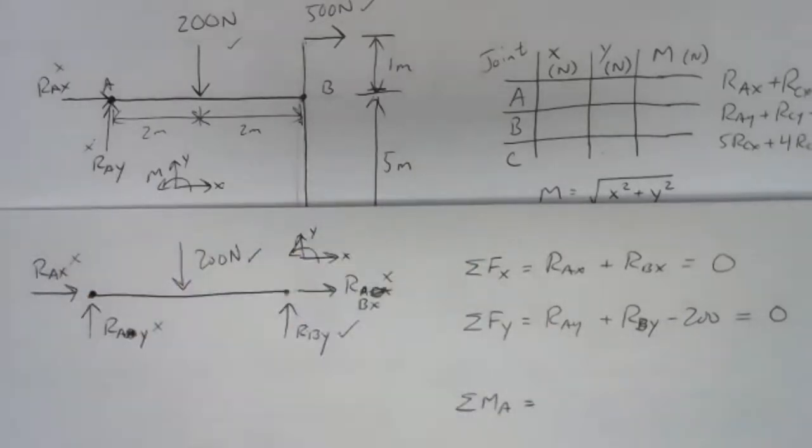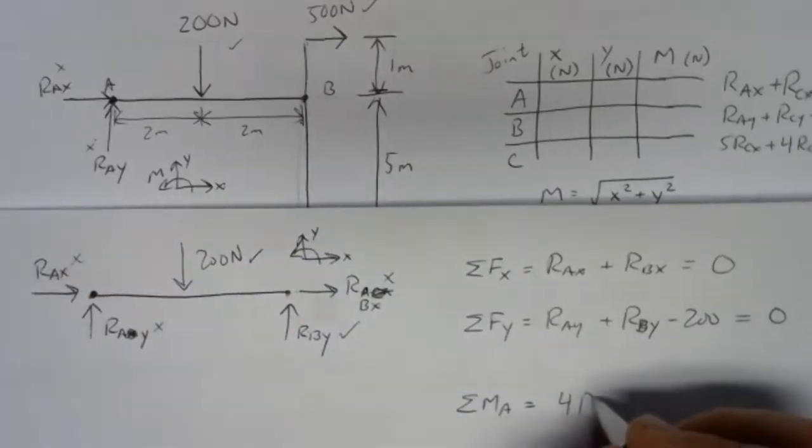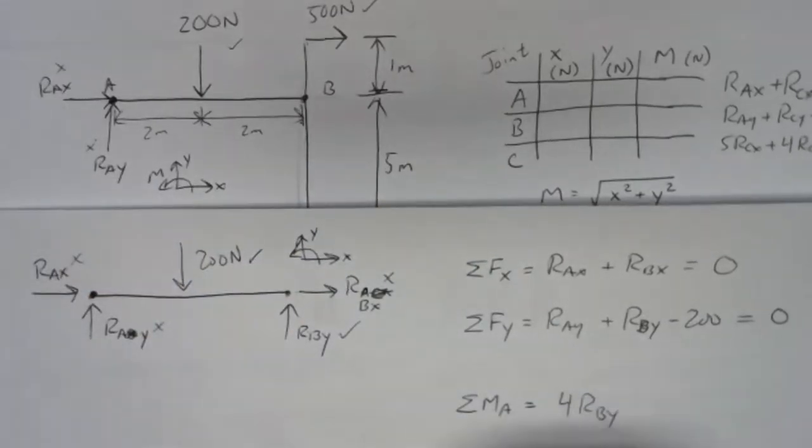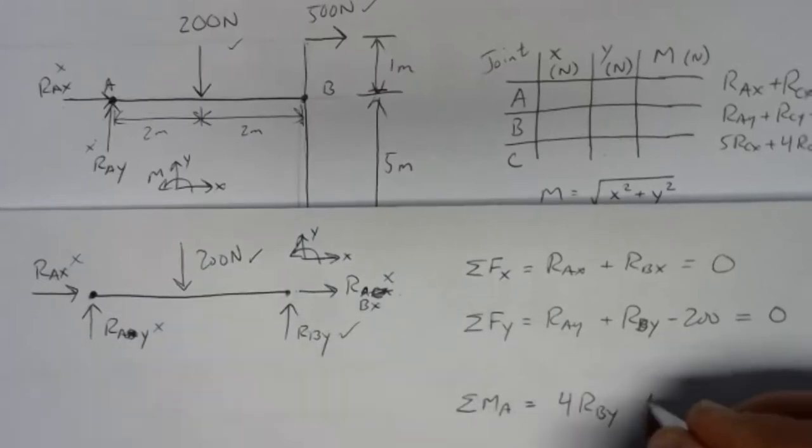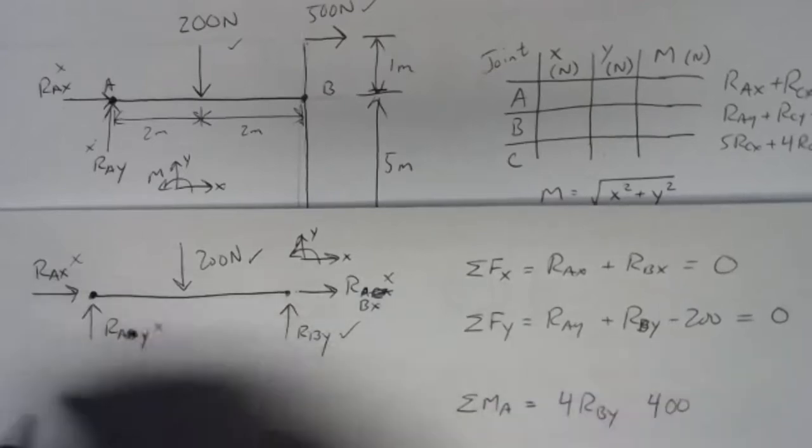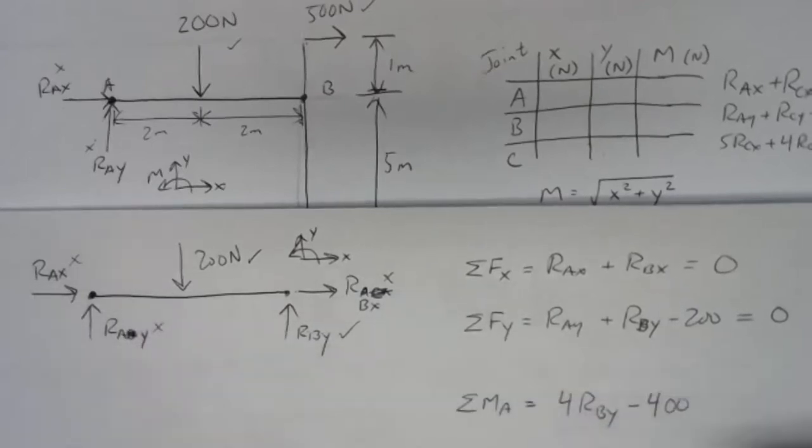RBY is 4 meters away. So we have 4 RBY. And that would be a counterclockwise moment, so it's positive. The 200 newtons is 2 meters away, so that's 2 times 200, 400 Newton meters clockwise, so it's negative. Those are our two terms for our moment equation.